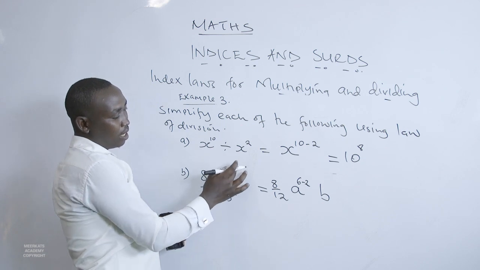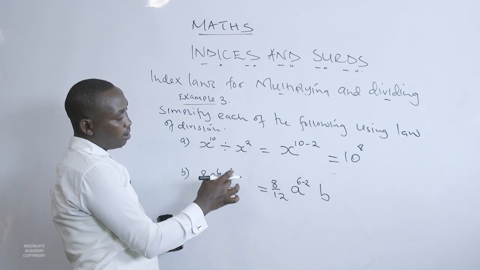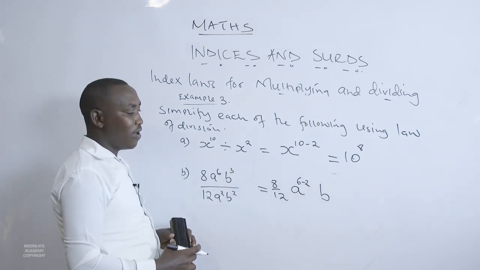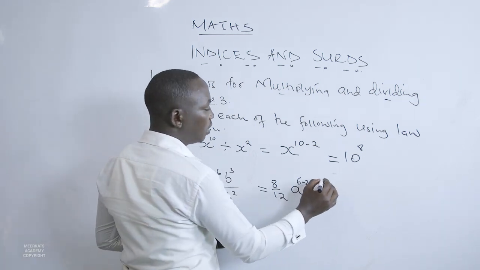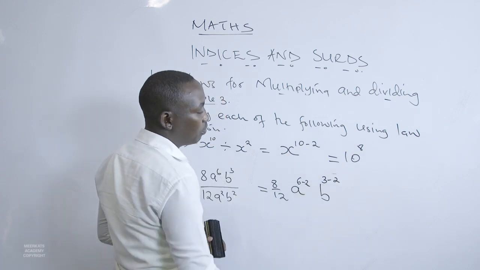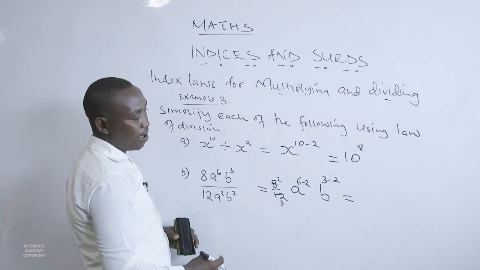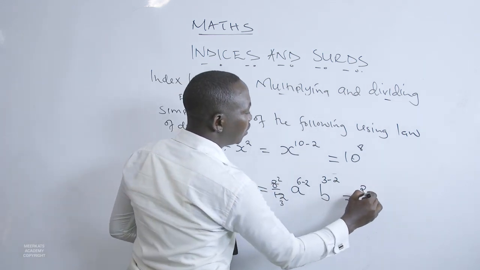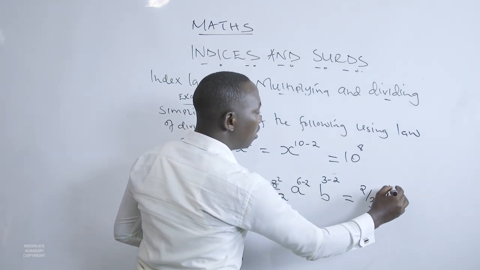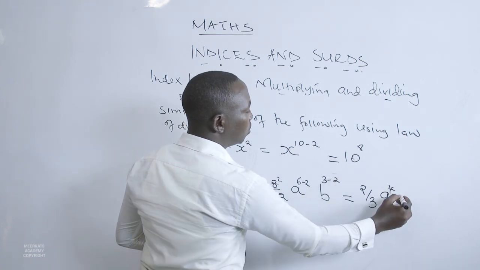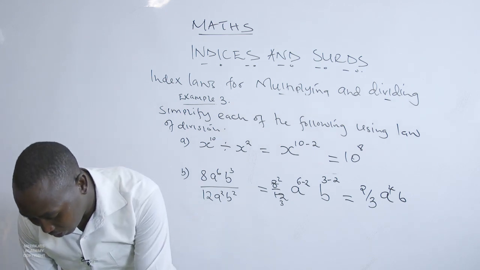Then for b, b raised to power 3 is being divided by b raised to power 2. So we get the difference between 3 and 2. So that shall be 3 minus 2. So when we simplify this, 4 there, 2, 4 there, thrice. So we shall have 2 thirds, a raised to 6 subtract 2 is 4, b, 3 minus 2 is 1. So that will be the correct response.